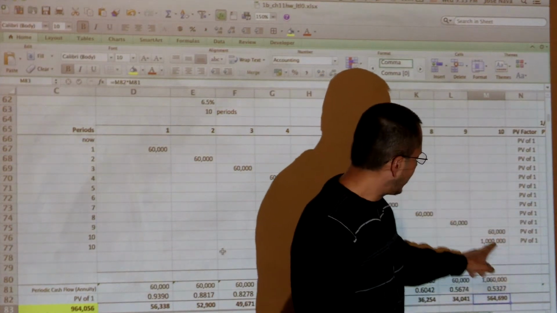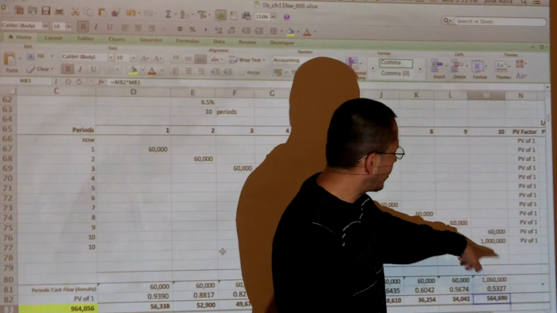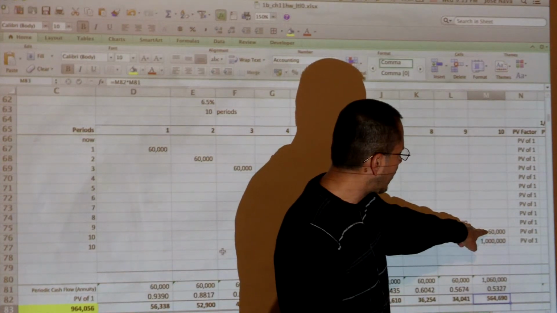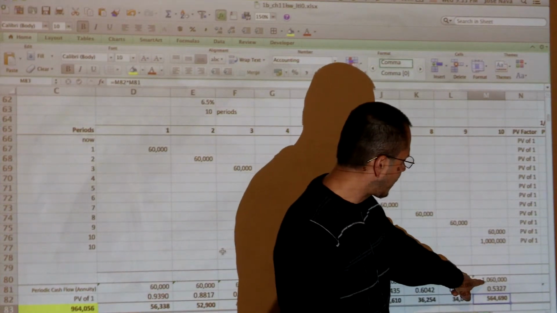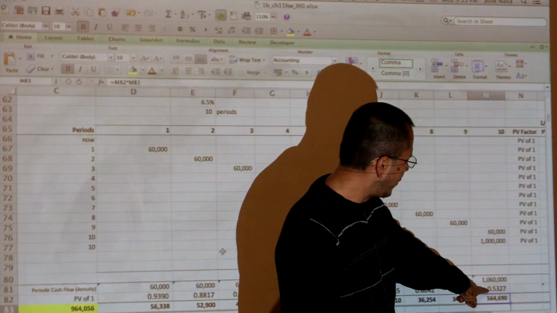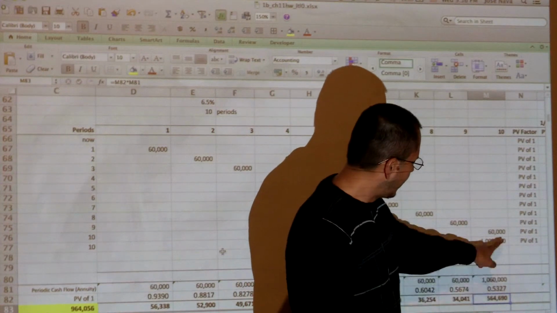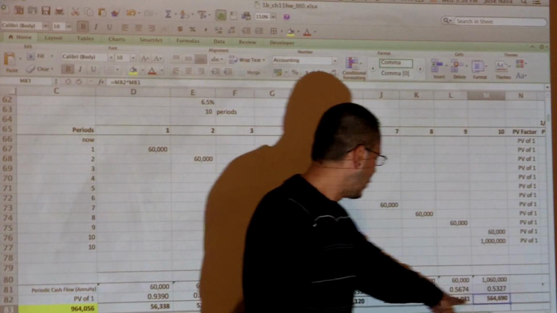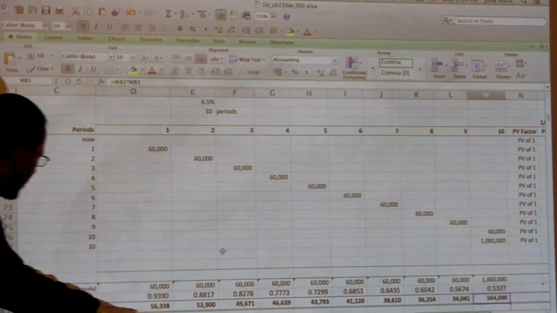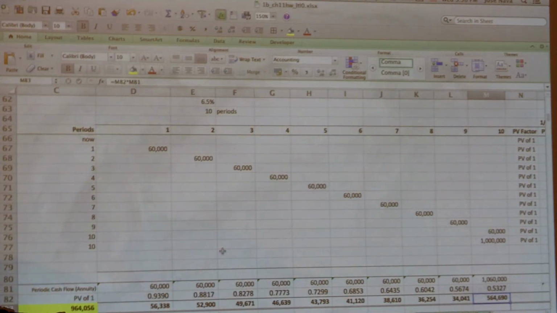In the last period, the investor doesn't only get the $60,000 from the interest payment, but also gets the face amount, and that's when you see the $1,060,000 here. The present value factor for that period will be 0.5327, and when you present value that, it will be $564,690. Then you add up all of these present values, and here's how you get the pricing of the bonds.